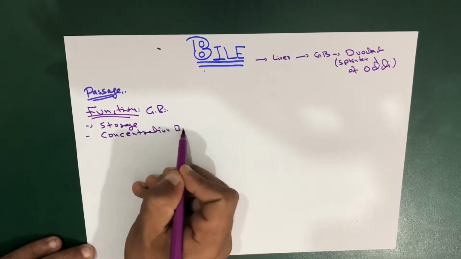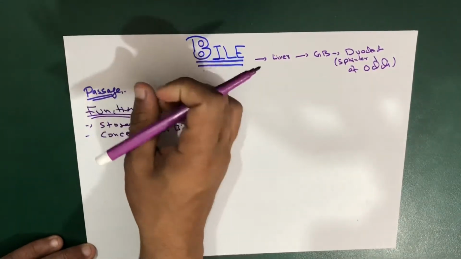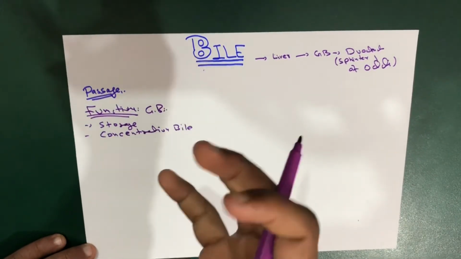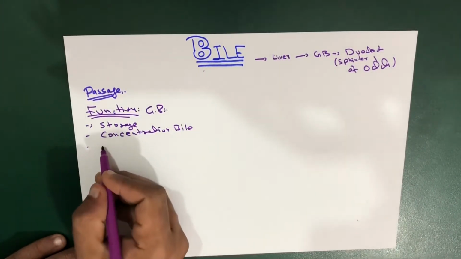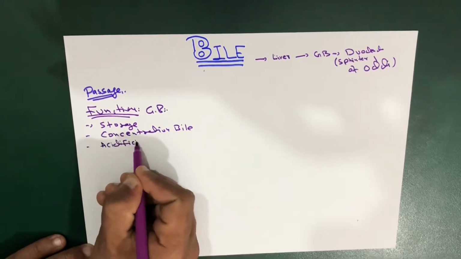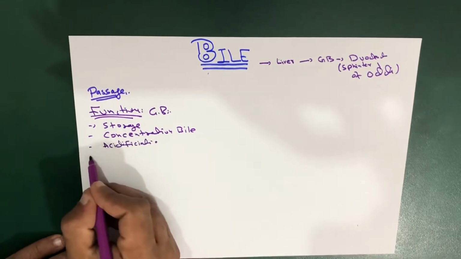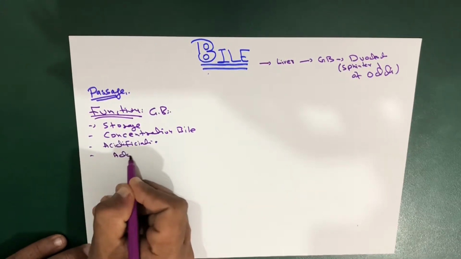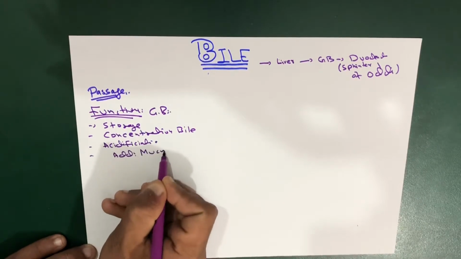How does it increase the concentration? By absorbing the extra water, the extra fluid in it, and making it concentrated. The third function is the acidification of your bile, and the fourth function is the addition of mucus to the bile. It will add mucus into your bile.